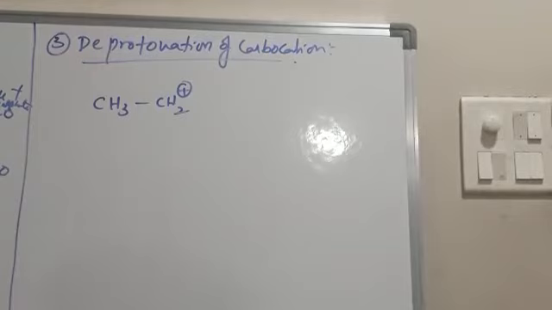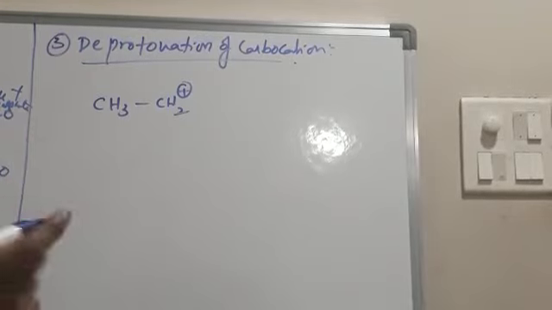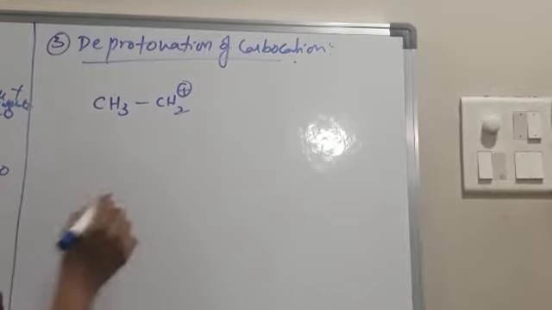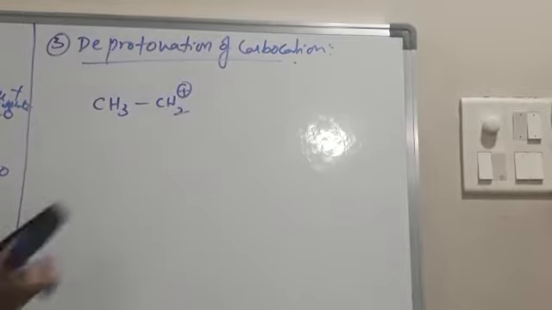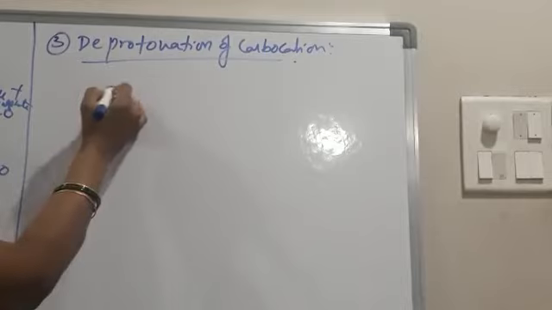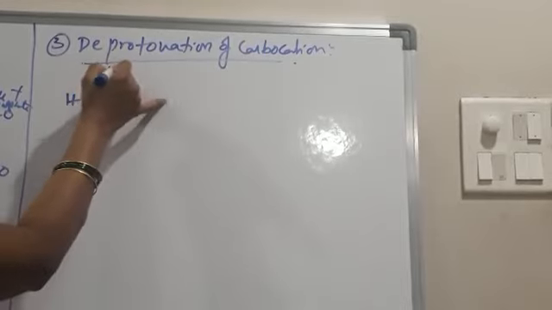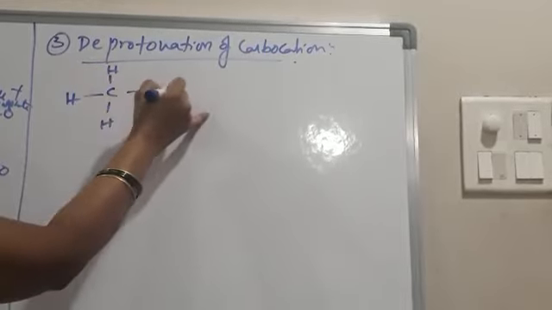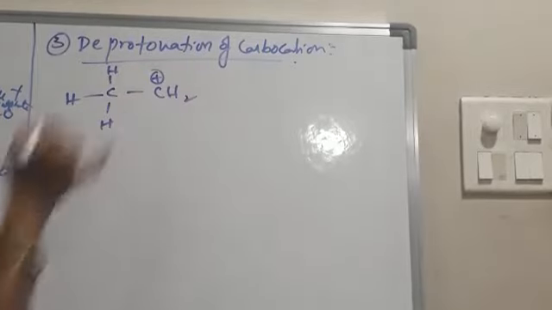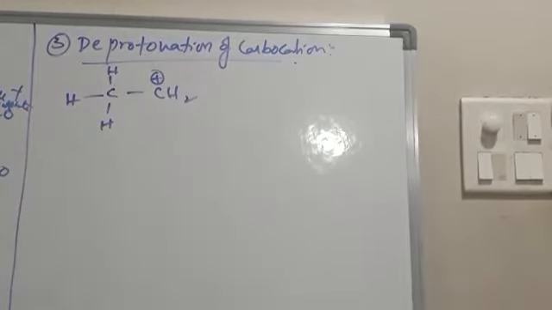For example, we can write this as CH3CH2+, so this is the ethyl cation.